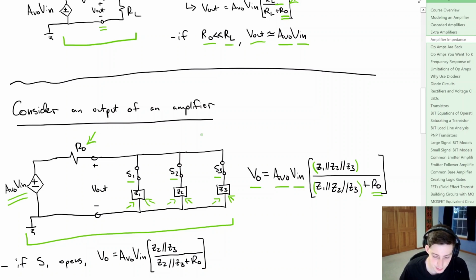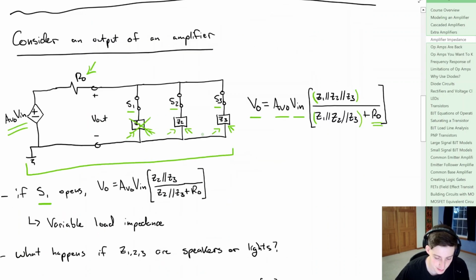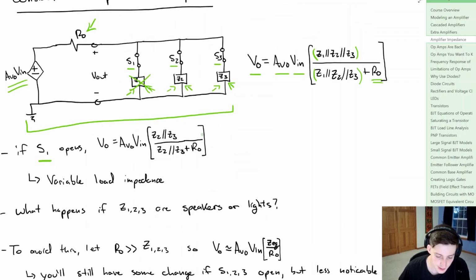If we disconnect one speaker, we want the other 2 speakers not to be impacted too much. So if switch S1 opens, so that Z1 is disconnected, our output voltage changes a little bit. Inside this voltage divider, we simply have Z2 in parallel with Z3 in this whole term. This term is not equal to what we had above, so the output voltage is going to be different.